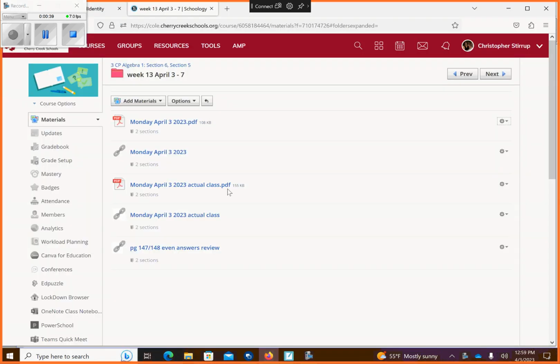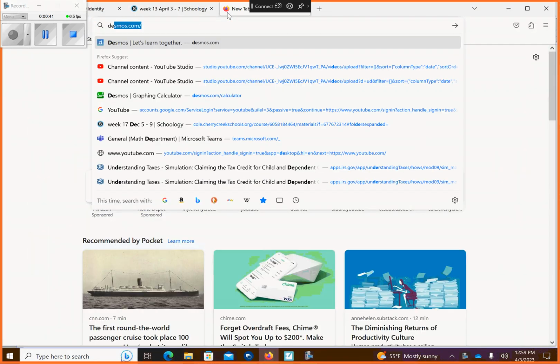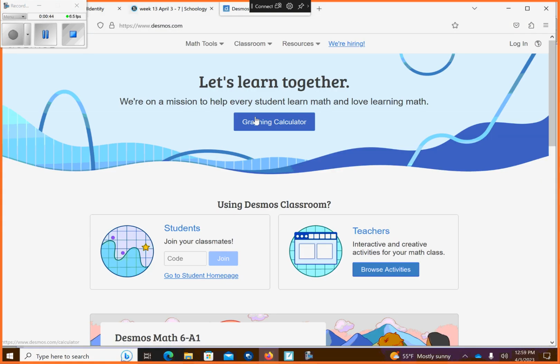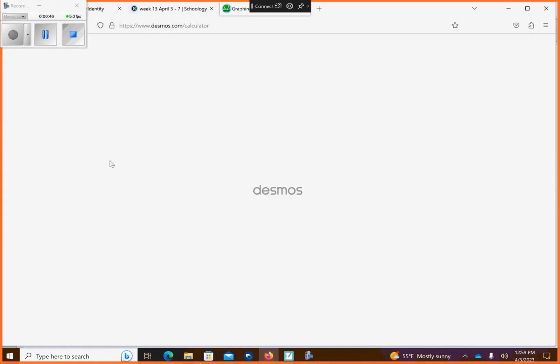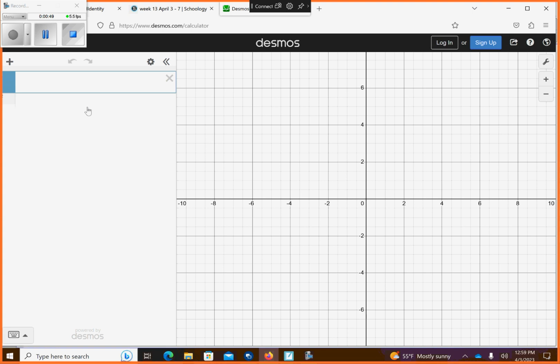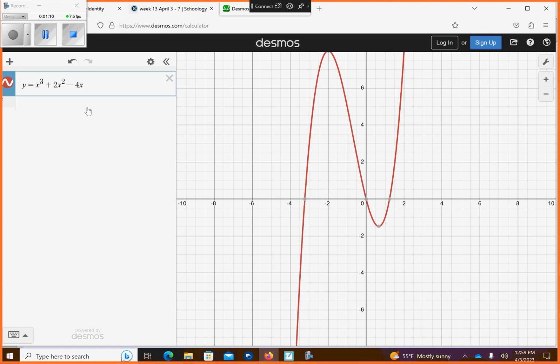Okay, so let's bring up our Desmos graphing, and let's graph this. Y equals x raised to the third plus 2x squared minus 4x minus 8.